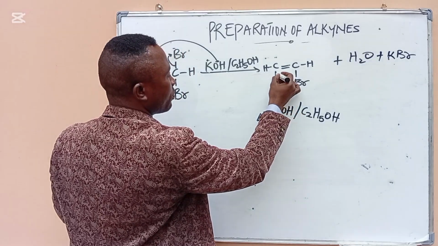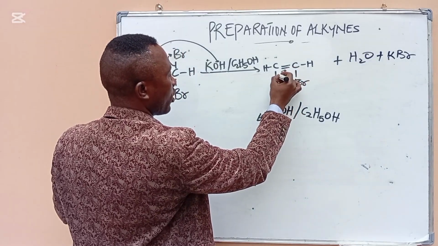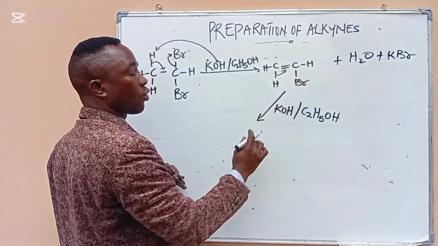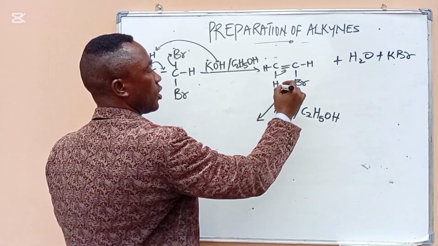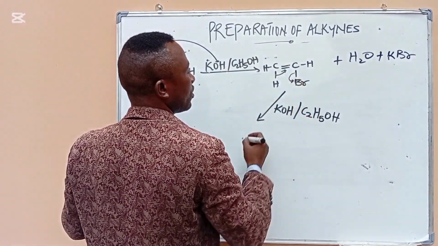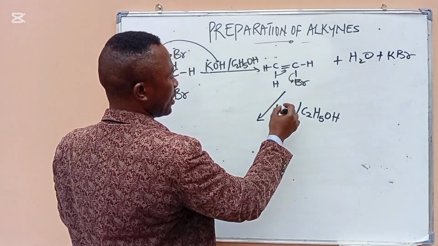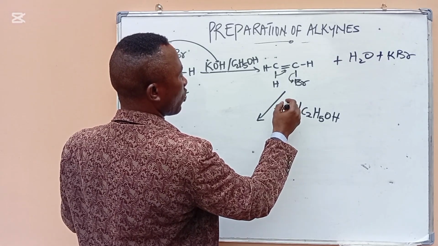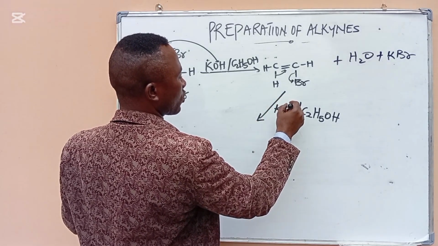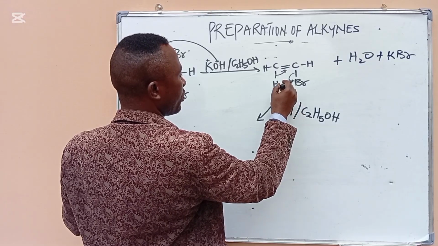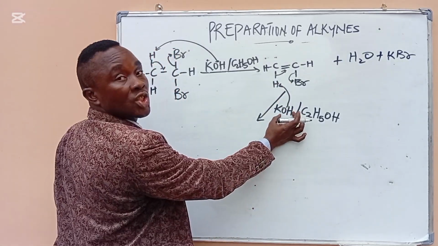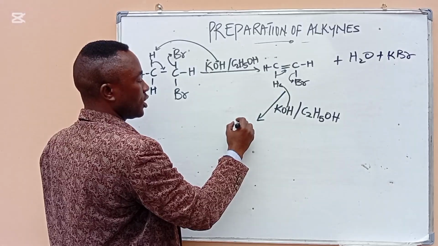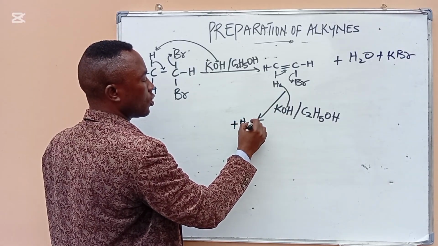What will happen is this bond will go here to make it a triple bond. Why will this bond leave? Remember the OH here will go to pick this hydrogen. When OH picks hydrogen, it will give you H2O.